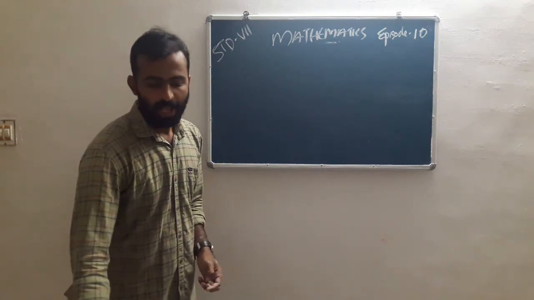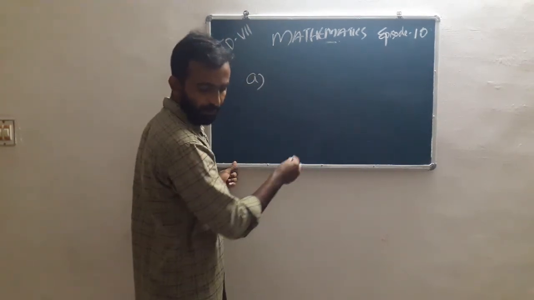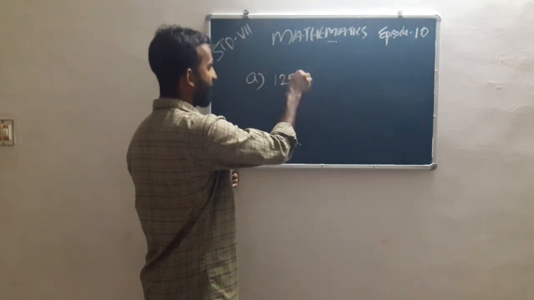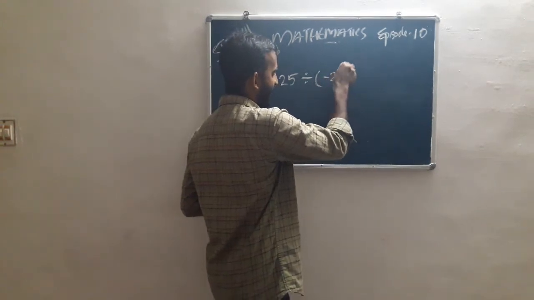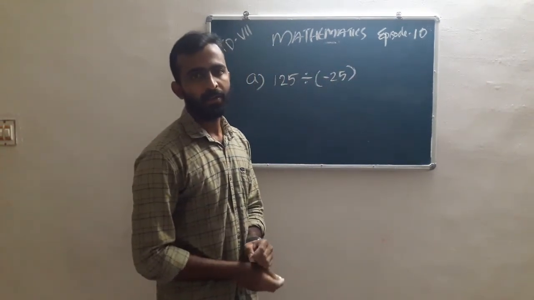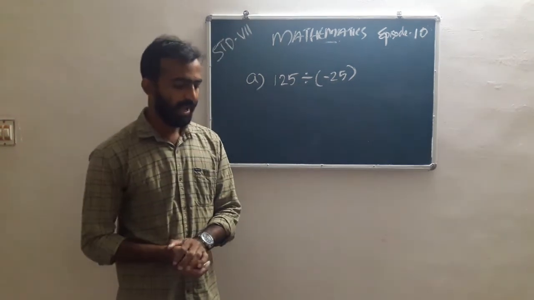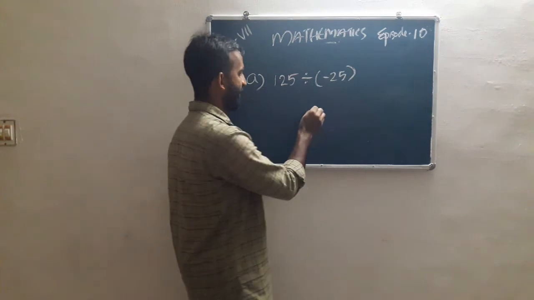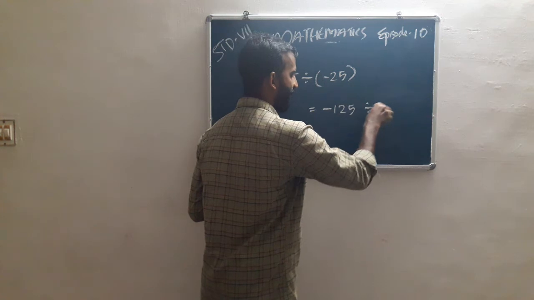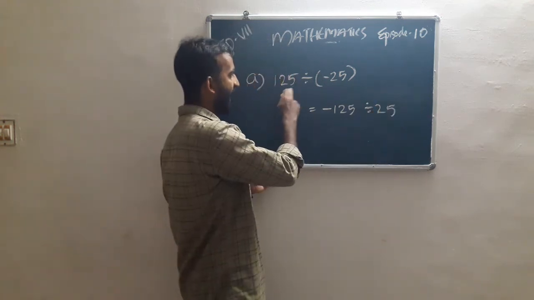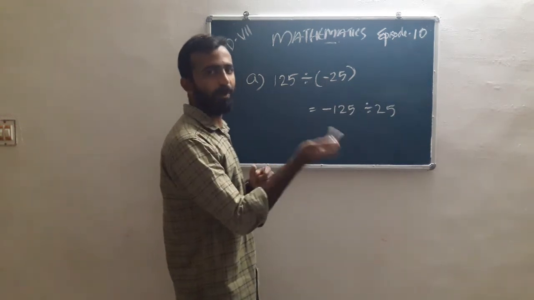The first try this, part A, is 125 divided by negative 25. What is the answer? We can write it as negative 125 divided by 25. Here a divided by negative b also equals negative a divided by b.